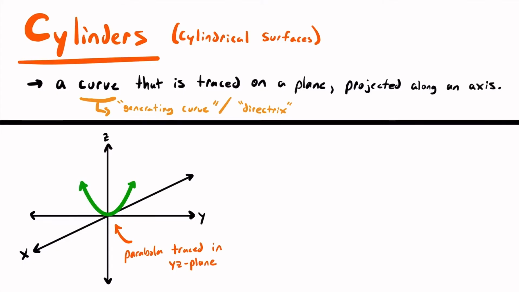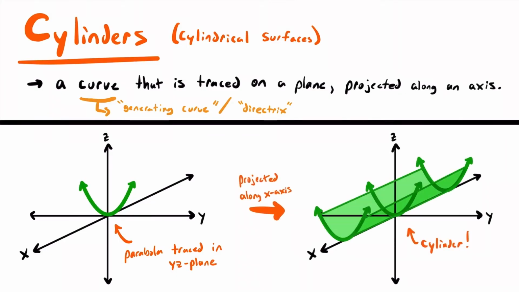All right, and what we can do with this trace of a parabola is project it along the x-axis. In other words, we are going to shoot it out through space in both the positive x direction and negative x direction. If we do that, we will get something like this. If you project that parabola along the x-axis, you will get this surface that we would call a cylinder.